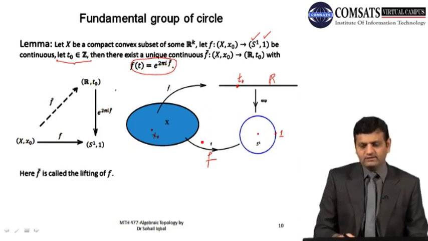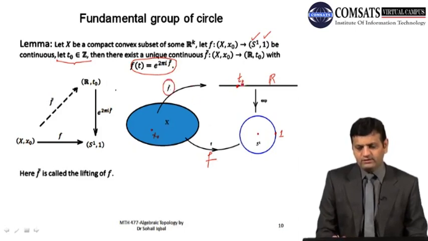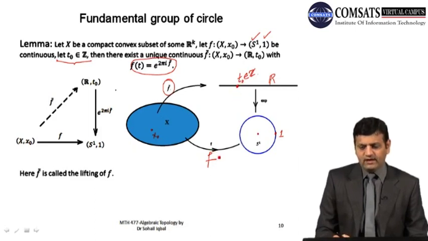In other words, there exists an f tilde from x0 to R, t0, and we can choose this t0 to be any integer. So there exists this map f tilde such that this f function is equal to e raised to power 2 pi i f tilde.